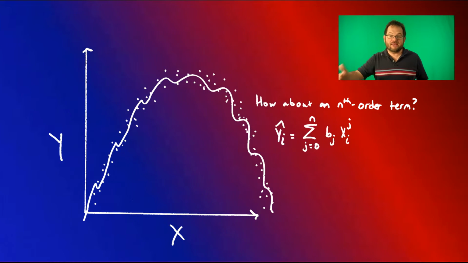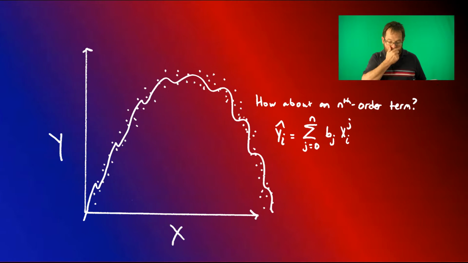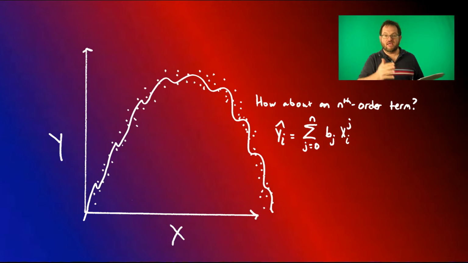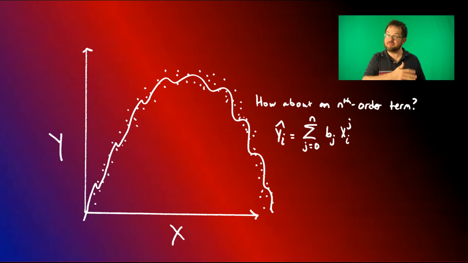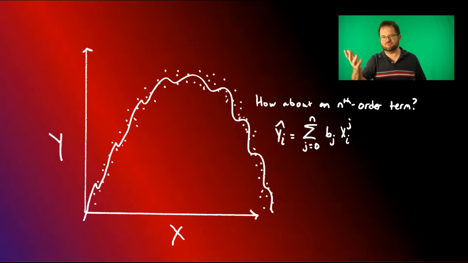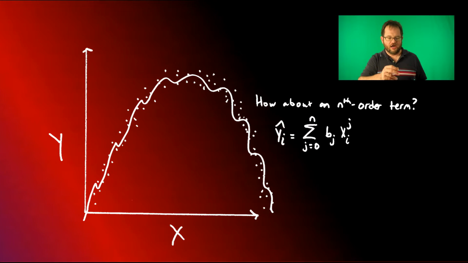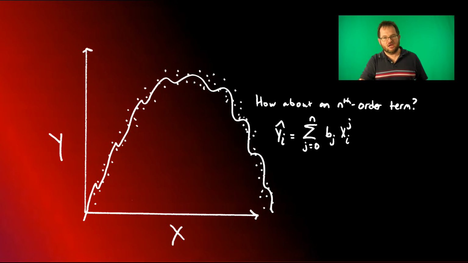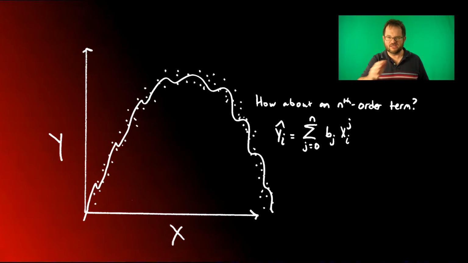If you want an nth order version of the equation, it'll just be y sub i hat, our estimate of y sub i, is equal to, and then on the right-hand side, the sum, using my dummy variable j here, j goes from 0 to n of b sub j times x sub i to the jth power. It's just a little sum.